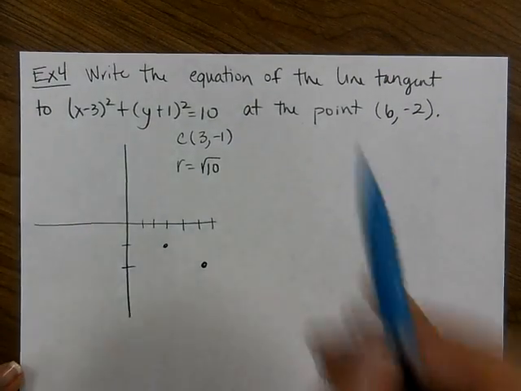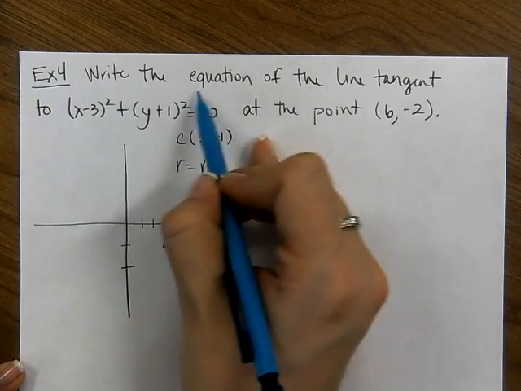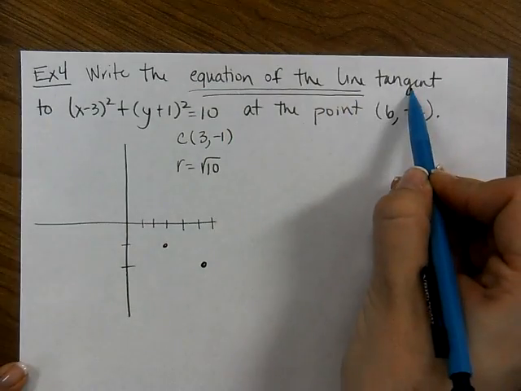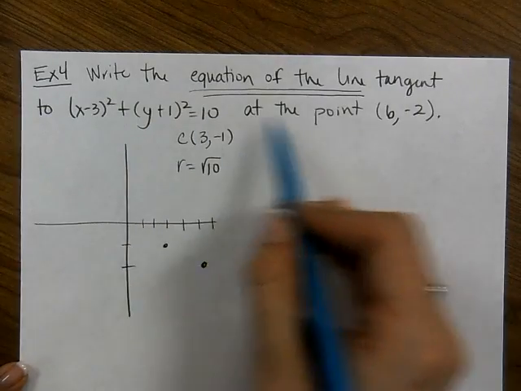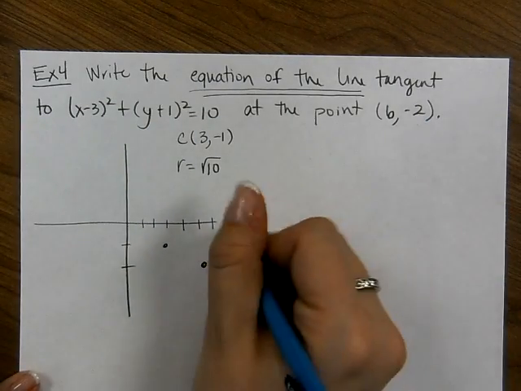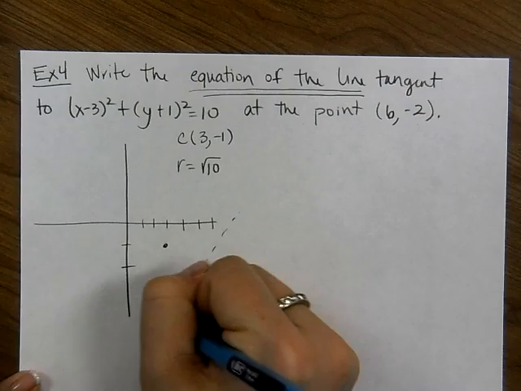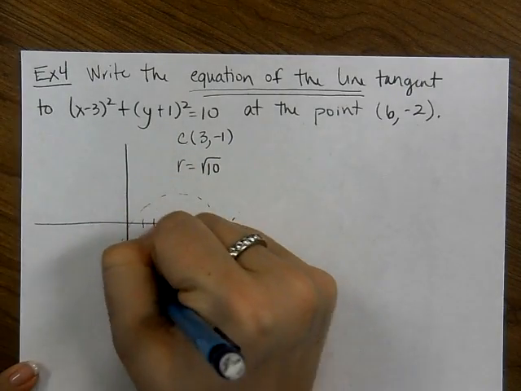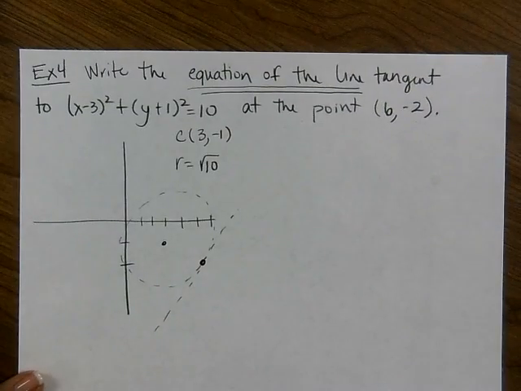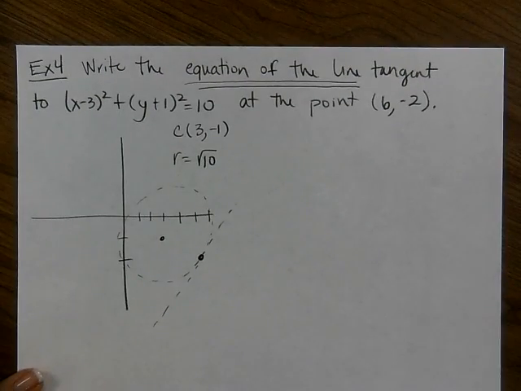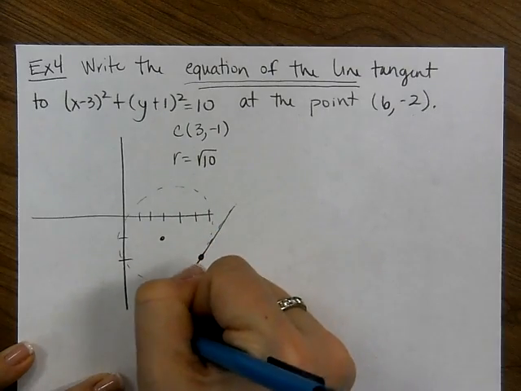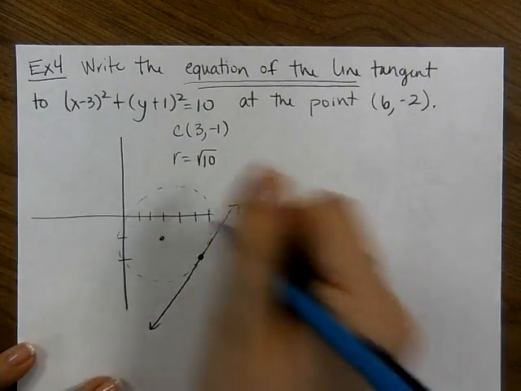Okay, now it says, write the equation of the line this time. So this time I'm looking for an equation of the line that's tangent to the circle at this point. So doesn't that mean that there's a line that goes through this point right here, and then there is a circle that touches it at only that one point, because that's what it means to be tangent to the circle. So here's the line, and here's my circle.